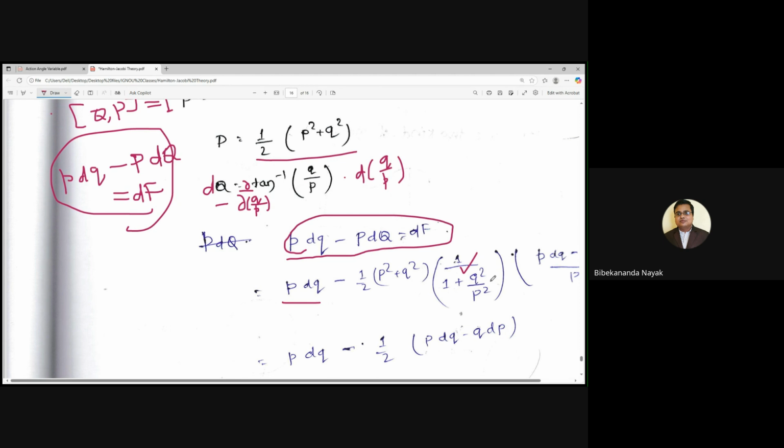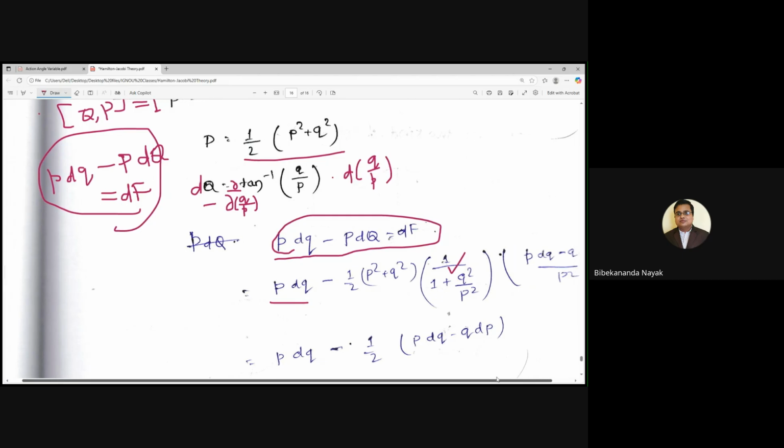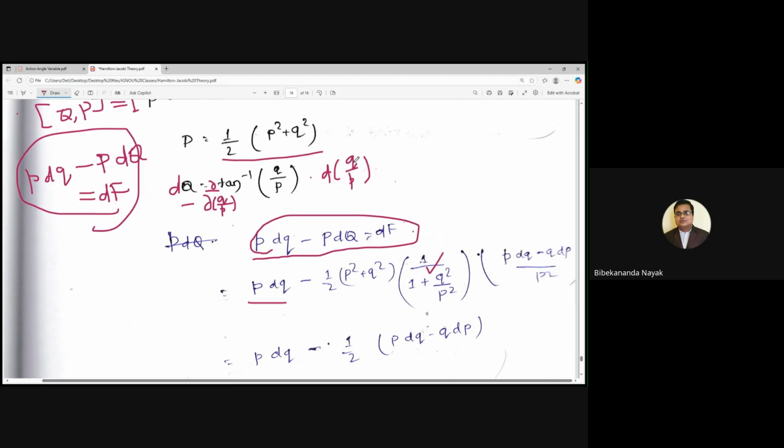So this term is this, but the second term d of q by p is how much? u by v means v derivative u minus u derivative v by v square, p derivative q minus q derivative p by p square, this term. So if you say this cancels, p square goes off and a p square cancels with this.